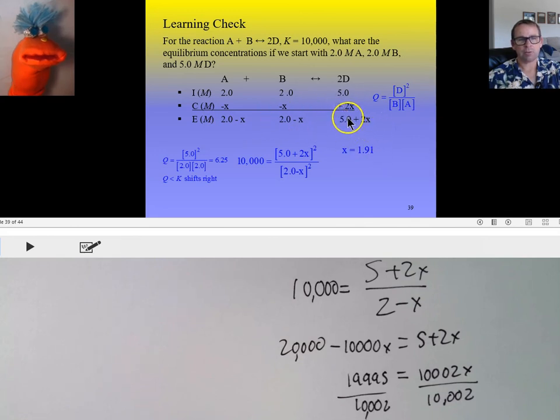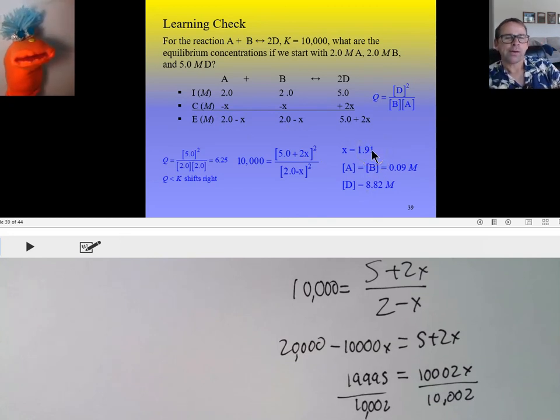And then 5 plus 2 times 2, which is 4, so this goes up to 9. So our A and B are the difference between the 2 and the x, and our D is the sum of this and 2 of the x's.